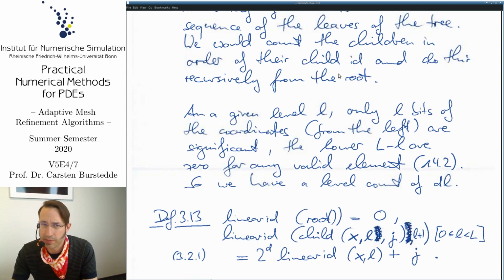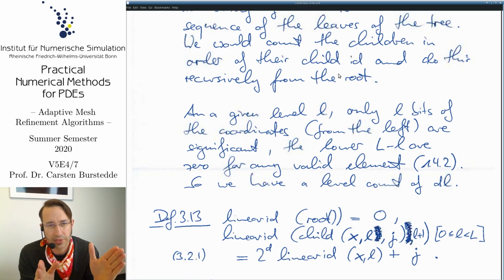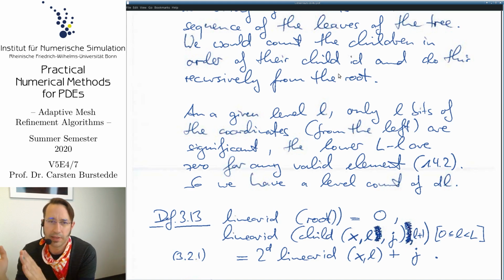So of all the big L bits, the leftmost little l are significant and the rightmost big L minus little l are not. So my left l bits are significant and my left big L minus little l bits are 0, which they have to be for any valid element. Remember the definition of the is valid algorithm.